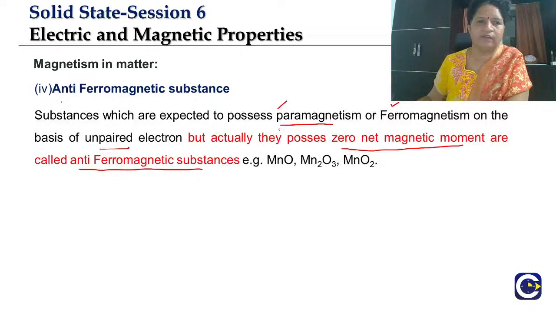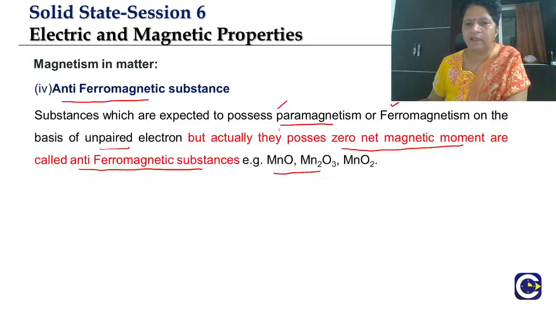We call these antiferromagnetic substances. Examples: MnO, Mn2O3, MnO2, manganese oxides.